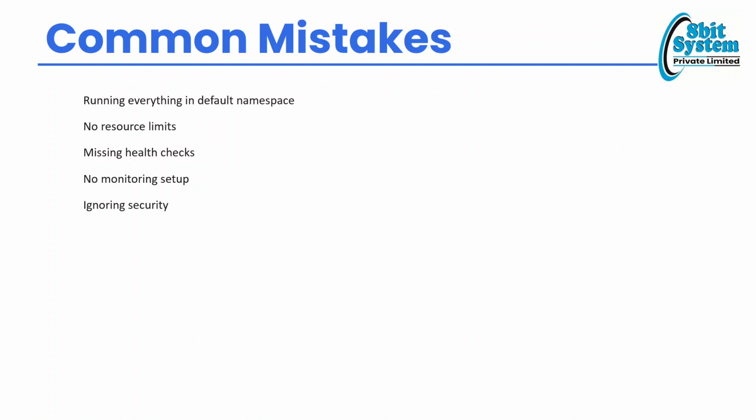Missing health checks, dead containers keep running on the server and give serving errors. No monitoring, you can't improve what you don't measure. Ignoring security, a compromised pod puts the entire cluster at risk. These mistakes turn Kubernetes from a powerful tool into a liability for the company.